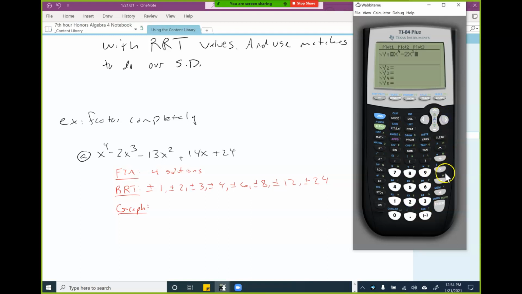Okay? So I just typed in my polynomial, just exactly as it looks on my sheet of paper, into the y equals menu.